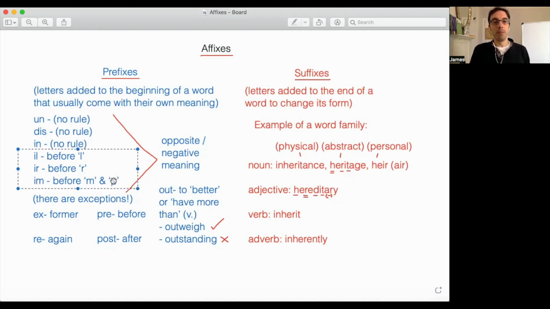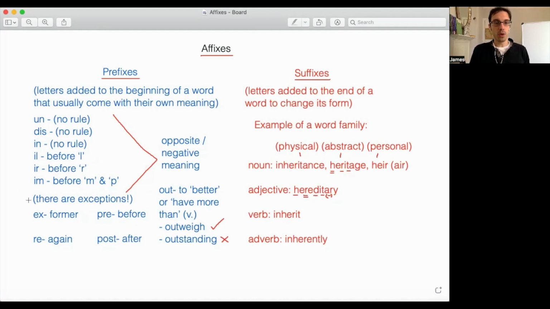And then we have IM that's usually seen before words beginning with M and P. So immortal, for example, or impossible, or impolite, and several more like that. However, even to these, there are exceptions. So, for example, you wouldn't say irreal, you would say unreal. Okay, but they are pretty good rules in general to follow, with just a few exceptions.